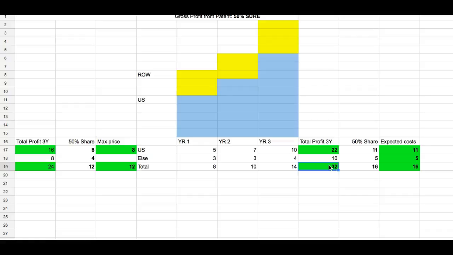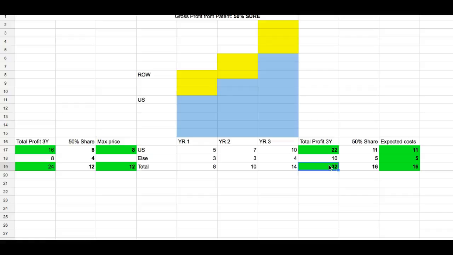Okay, I'll give you another question. Gross profit from the patent, 30% sure. What's wrong? Sorry, 30% sure, but then the estimated profit is going to be higher than 32. Why is the profit going to be higher? That's the question.